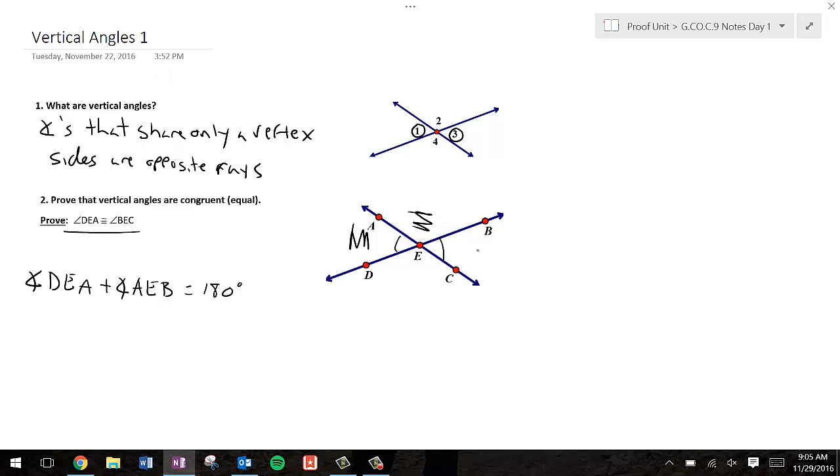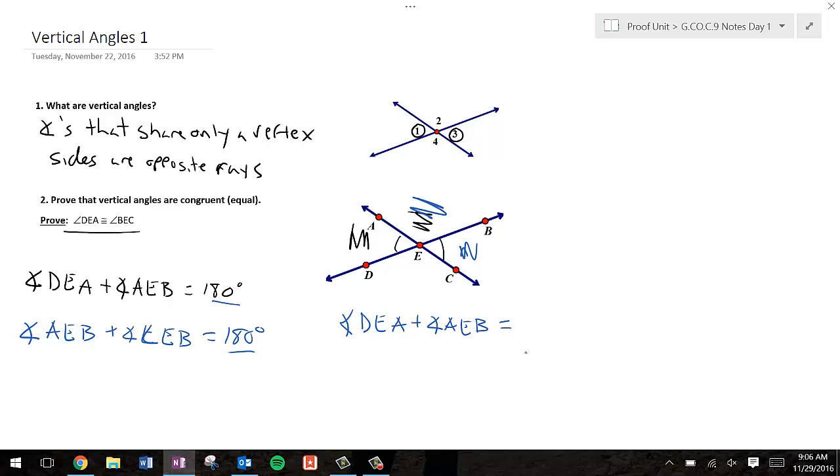The other thing I can say is that this angle here and this angle here, angle AEB added to angle CEB, also is 180 degrees. Now, since these both equal 180 degrees, I can set them equal to each other. I can say that angle DEA plus angle AEB is equal to angle AEB plus angle CEB.